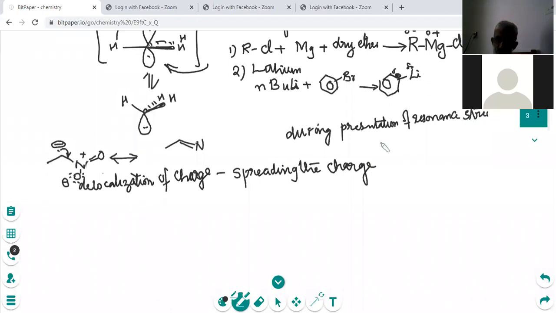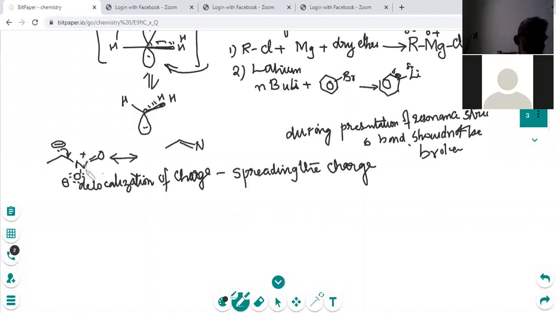A sigma bond is a single bond. If you have a pi bond, it will be two bonds. Here sigma bond means you should not break a single bond, because if you break this bond, the oxygen will go away and the molecule gets decomposed. So when a bond appears here, the second bond will disappear from there to the oxygen.